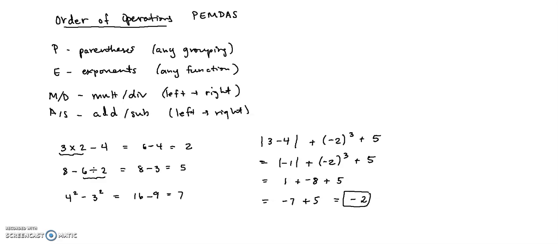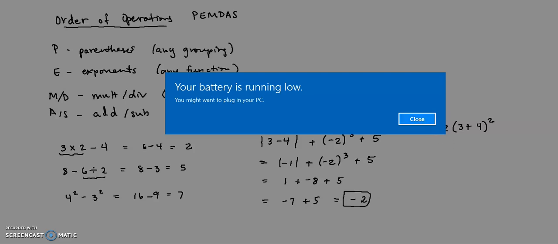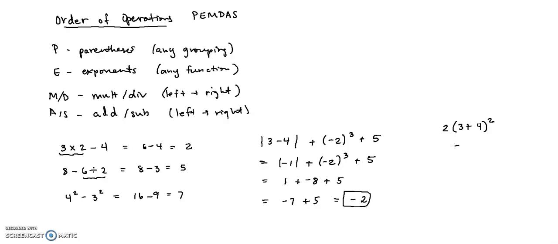I guess sometimes you could have multiplication, division as the last one. So like if you had 2 times the quantity 3 plus 4, squared, like that. If we were doing this one, we would simplify inside the parentheses first. Then we would do the exponent.